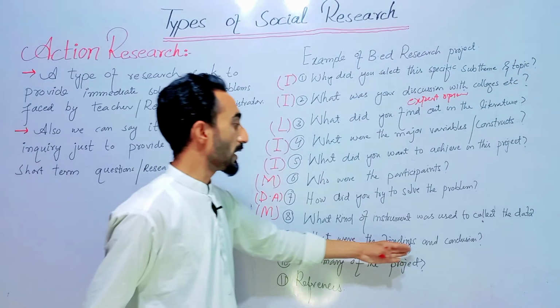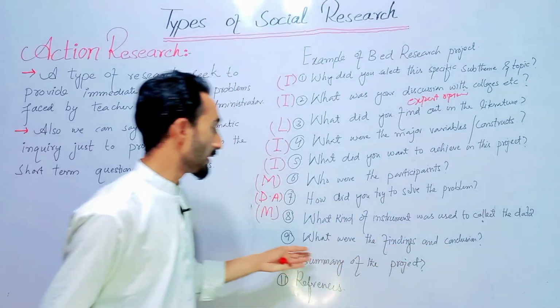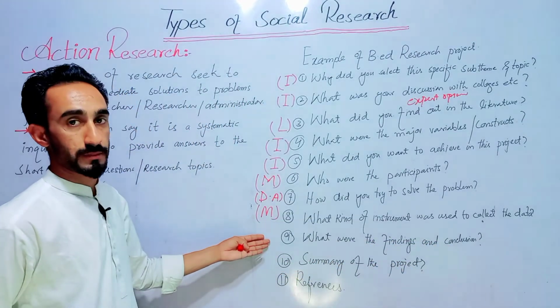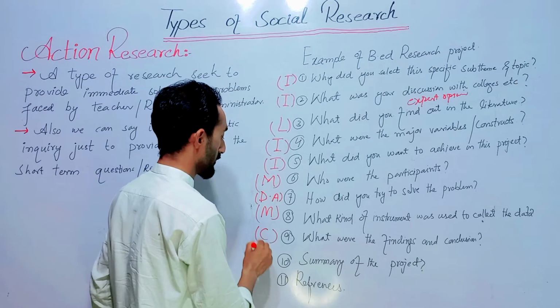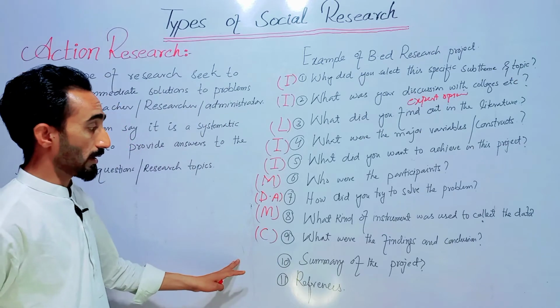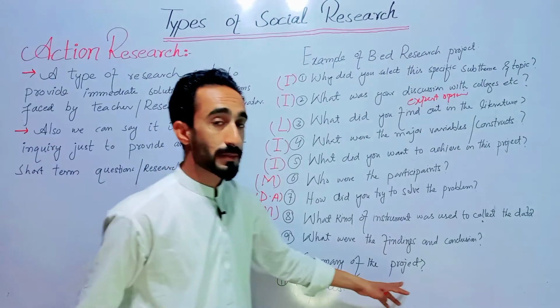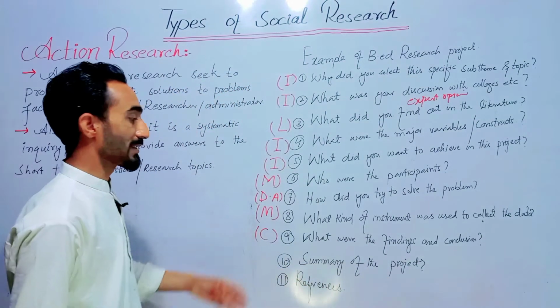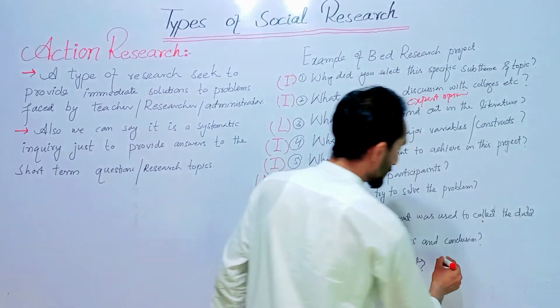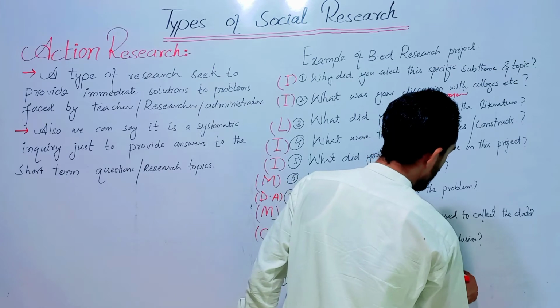What were the findings and conclusion? This is related to the fifth chapter, or the fifth major step, that is conclusion or summary. The summary of the project relates to the abstract.